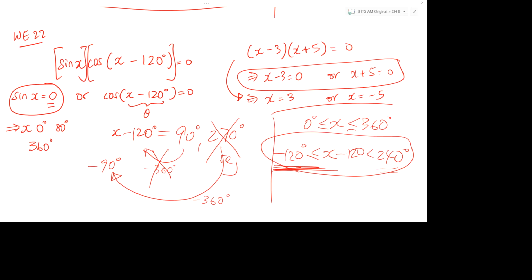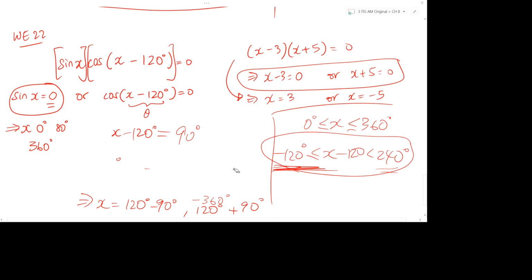So now we evaluate, therefore x is going to be equal to 120 minus 90 as well as 120 plus 90. Correct? We established that x minus 120 is negative 90 and 90.